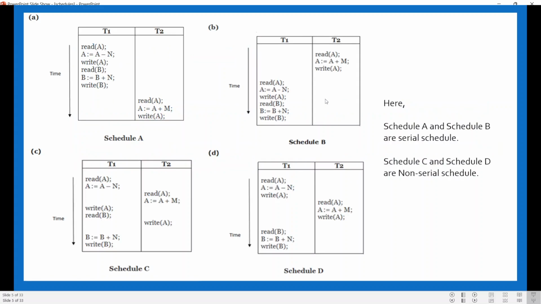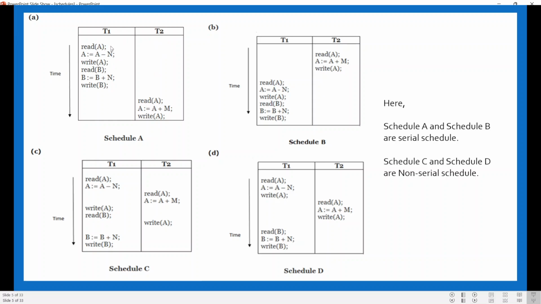For example, we can see here schedule A. There are two transactions, T1 and T2. In T1 there is a read operation, then A is updated, then we write the value of A, then a read operation is performed, then we update the value, then write the value of B. As you can see, while T1 is executing, no operations happen in T2.